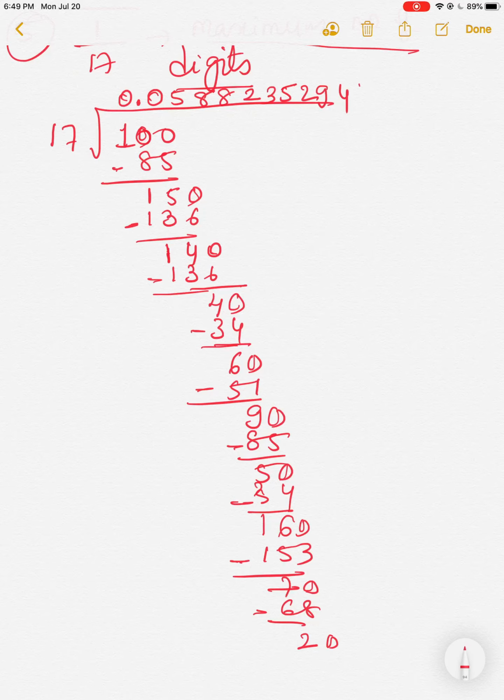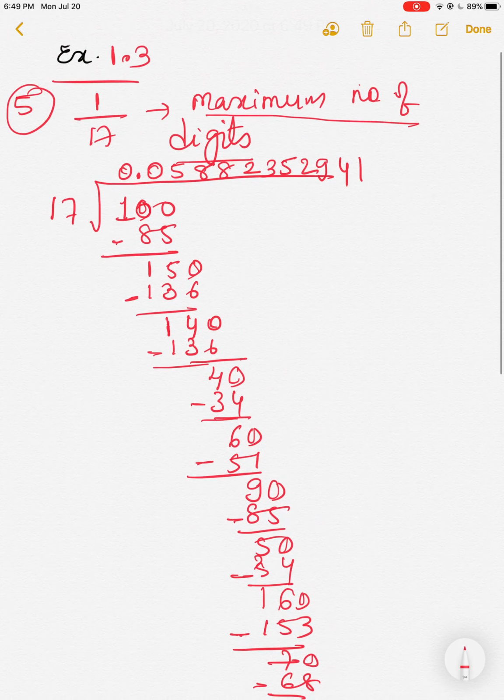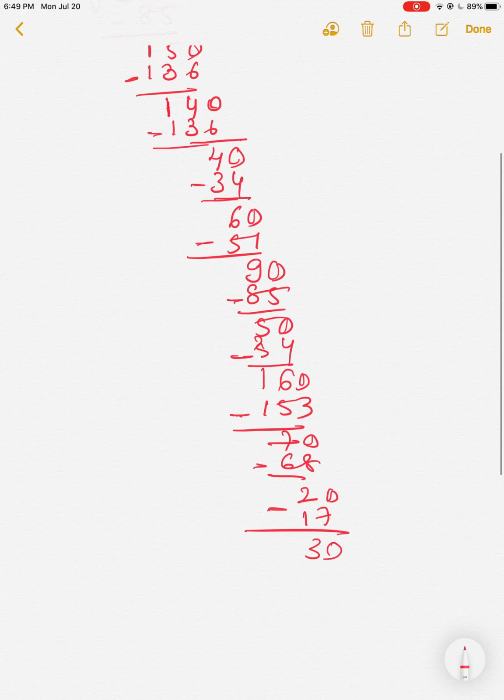Okay, now 17 1s are 17. Okay, minus, 3, 0. Again 17 1s are 17. Okay, if you subtract here, we will be getting 13.